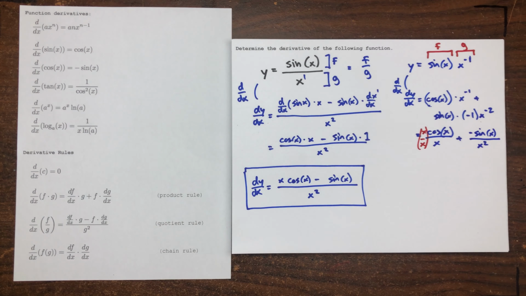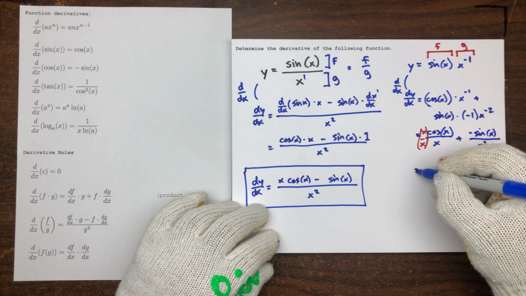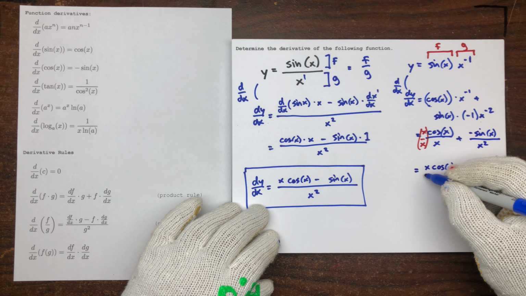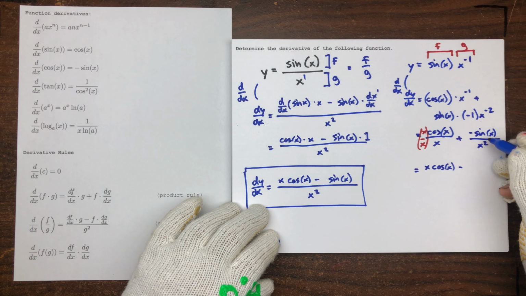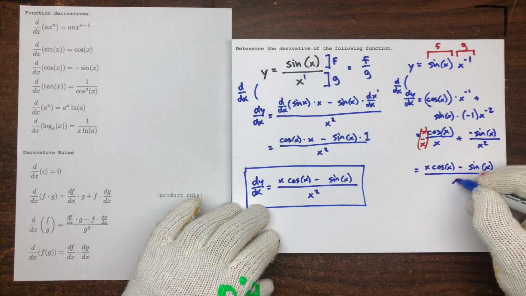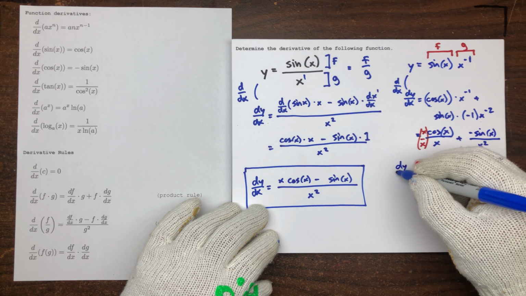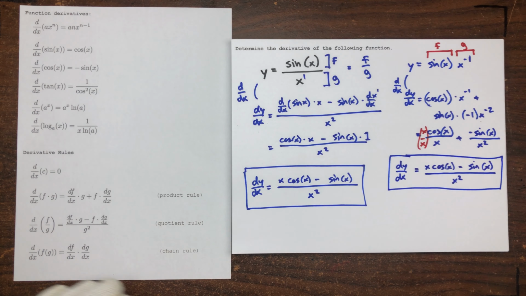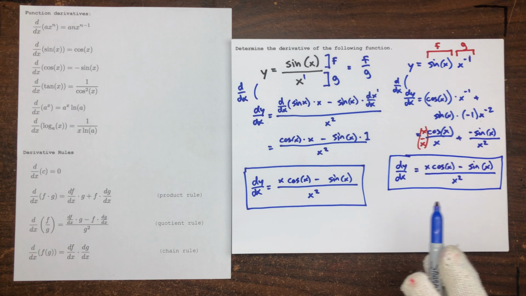That's multiplying the equation by 1. So then I'm going to be left with x cosine of x over x squared minus sine of x over x squared, meaning we can bring them together. And lo and behold, we get the same thing. Both done by quotient rule and product rule.